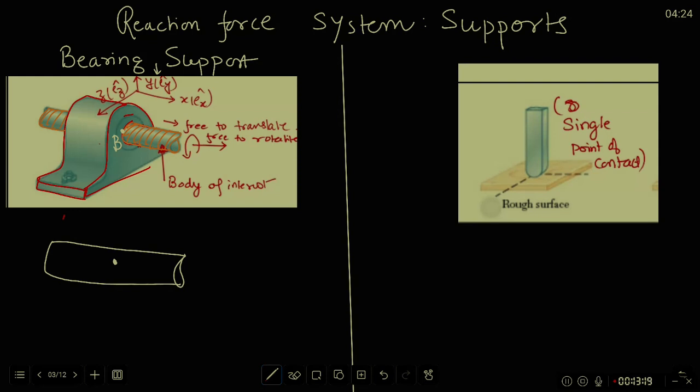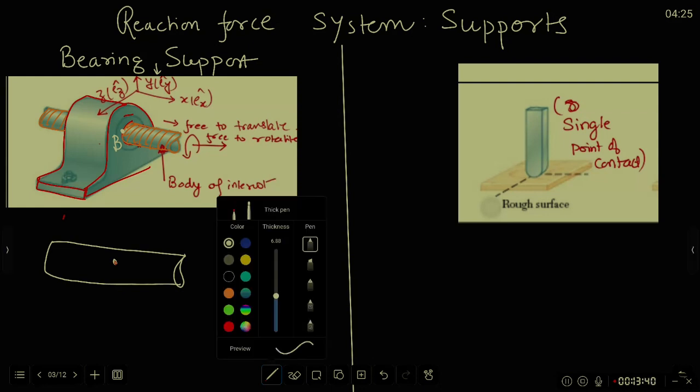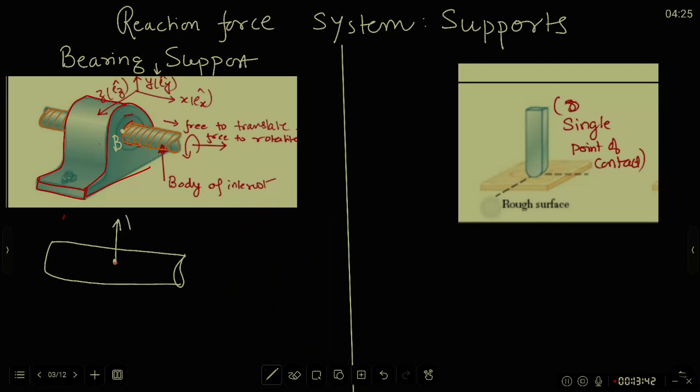It is also given that if you try to move the rod along y direction, the bearing support will not allow it to translate in that way, and thus you must put an unknown force Fy coming from the bearing onto the rod. If you try to translate the rod along z direction, the bearing will not allow that, and that's Fz should also be put there.